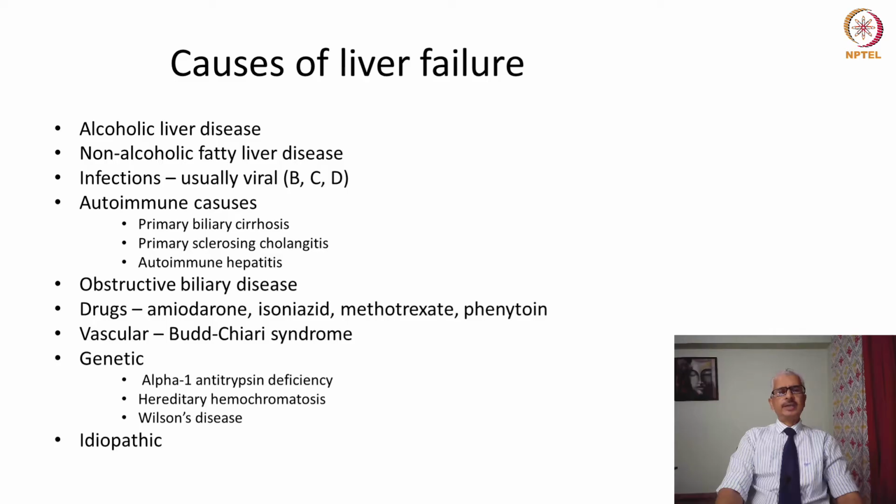Wilson's disease is parenchymal damage due to copper deposition in the liver. Around 15% of liver failure patients, the exact etiology is never known. These patients are grouped in the idiopathic causes of liver failure.